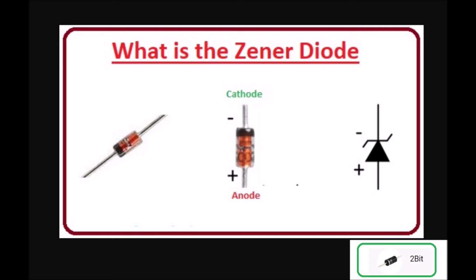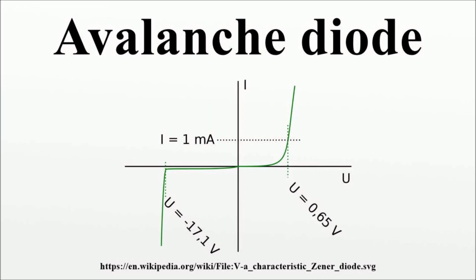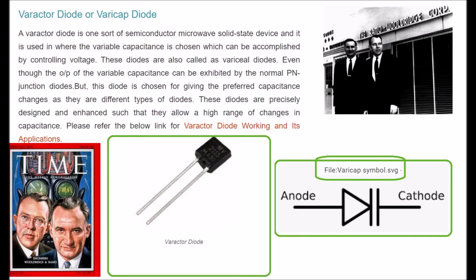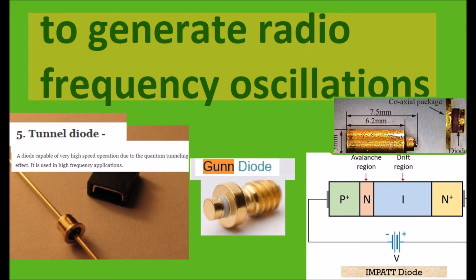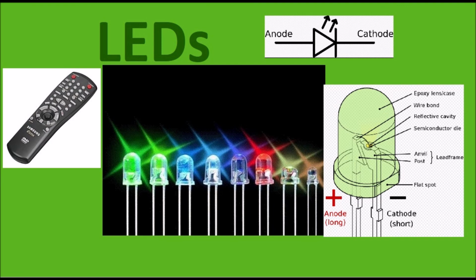For example, diodes are used to regulate voltage (Zener diodes), to protect circuits from high voltage surges (avalanche diodes), to electronically tune radio and TV receivers (varactor diodes), to generate radio frequency oscillations (tunnel diodes, Gunn diodes, IMPATT diodes), and to produce light (light-emitting diodes).